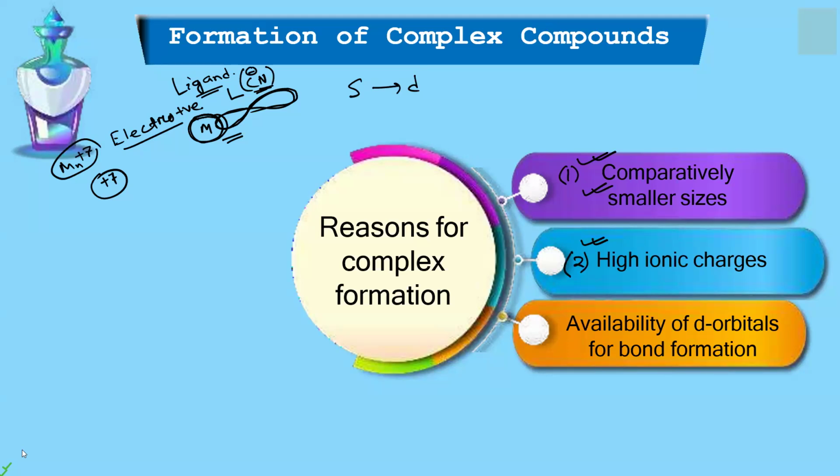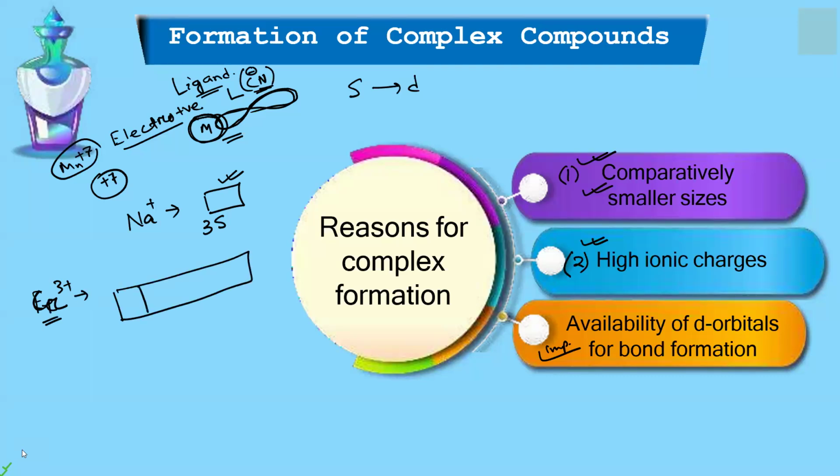Most importantly, this is the most important point: if I give you sodium plus, it has only one outer vacant orbital, that is 3s1. But in case of, say, chromium 3 plus, a transition metal, you have 5 d orbitals in which 3 electrons are accommodated.